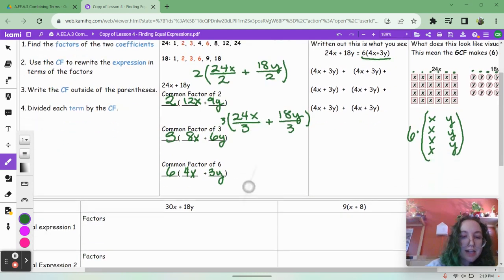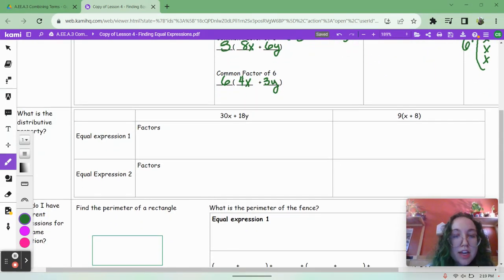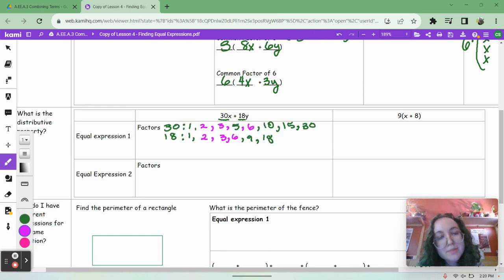Moving on, let's put this into practice a little bit more. If I'm trying to make equivalent expressions, I'm going to start by finding the factors of 30 and 18, and we want to find which ones they have in common. We're going to pause right here, and when we come back, we will have all of the factors of 30 and 18. So we're back, and we found that the common factors between 30 and 18 are 2, 3, and 6.